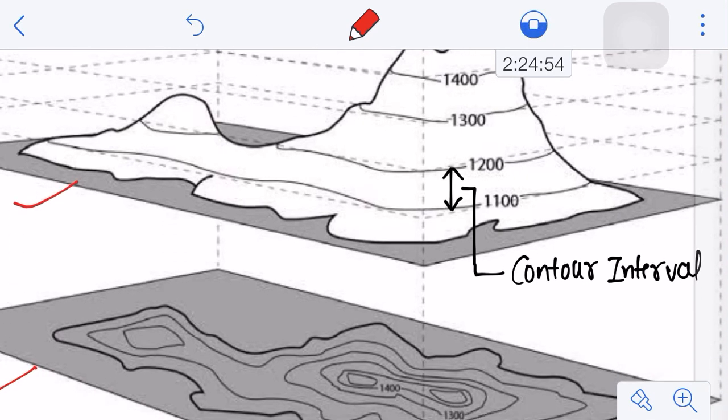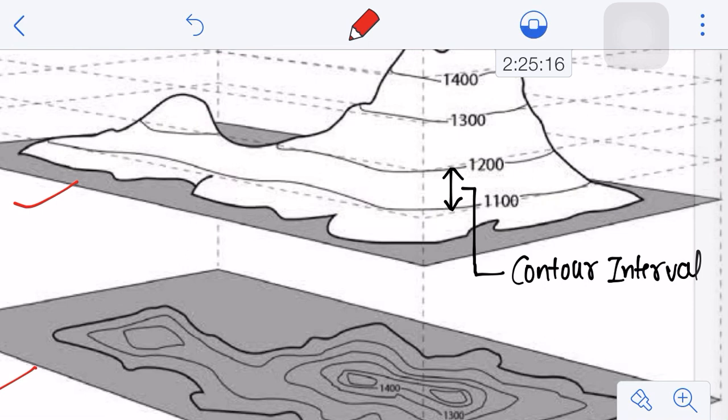Now also I would like to discuss some important features of the contour as well, that is termed as a contour interval. If you see here, the vertical distance between any two consecutive contours is known as contour interval. What does it mean? The vertical distance between any two consecutive contours is known as contour interval.